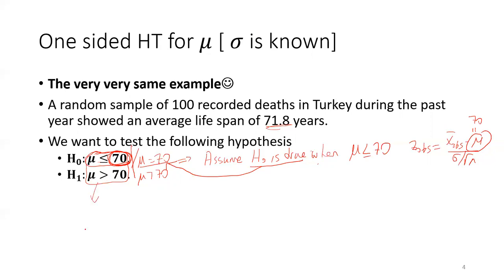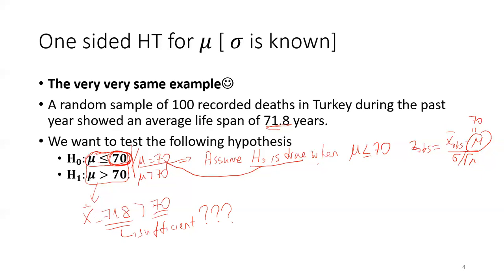So what is the catch here? I have evidence, x bar of 71.8, which is clearly greater than 70. I want to test whether this evidence is sufficient to show that the real mean is really greater than 70. So why do we make a test? This is a critical question in many exams, especially in PhD qualifiers.